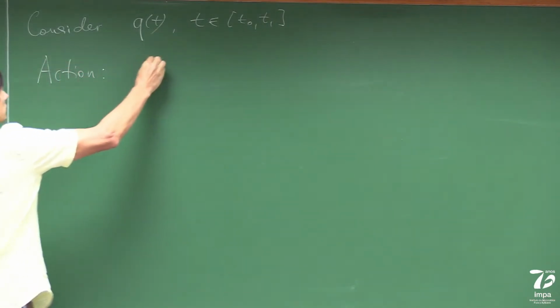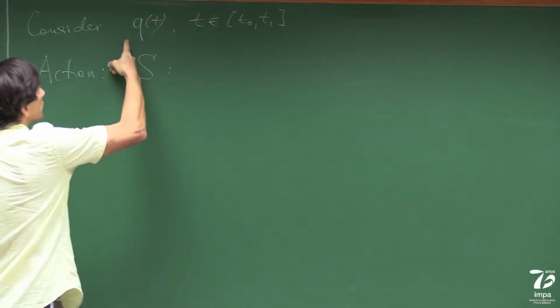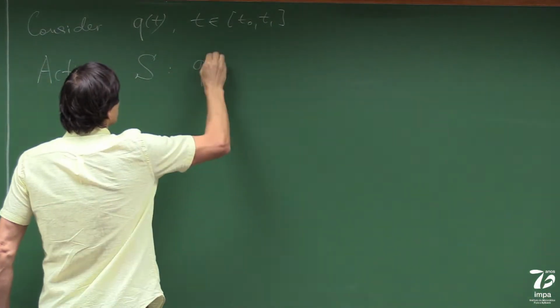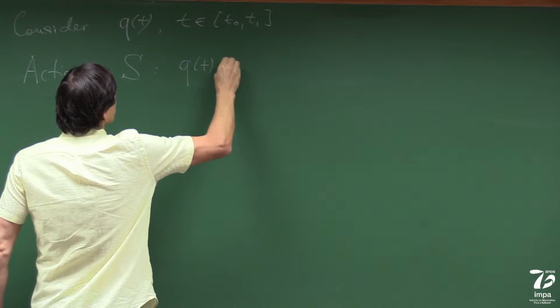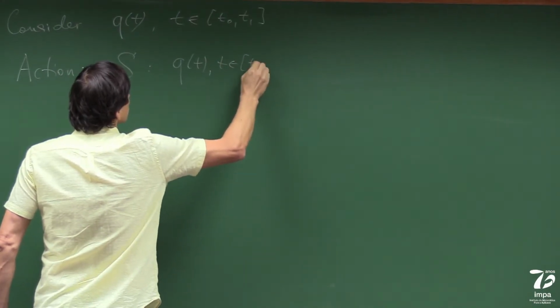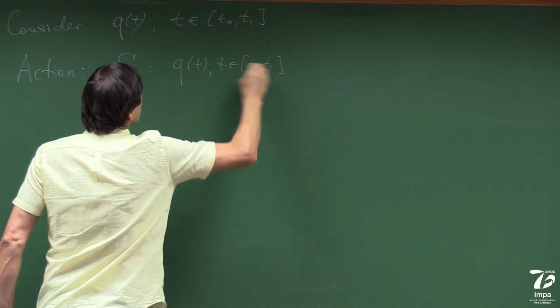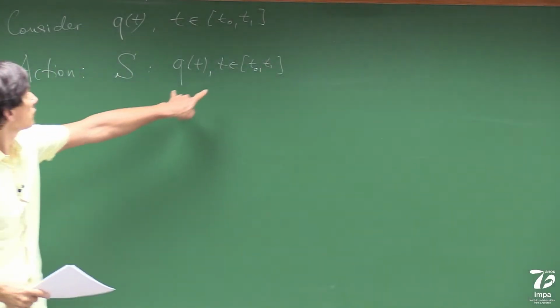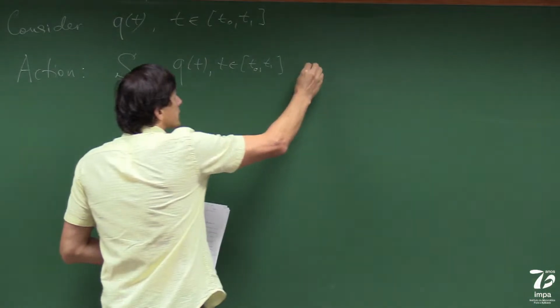So action is some function S which, whenever you have the trajectory on this interval, assigns a certain number.